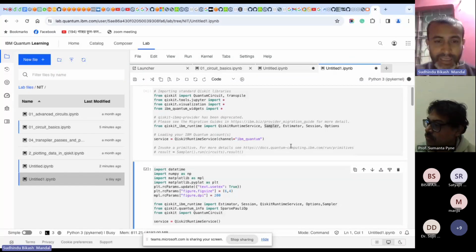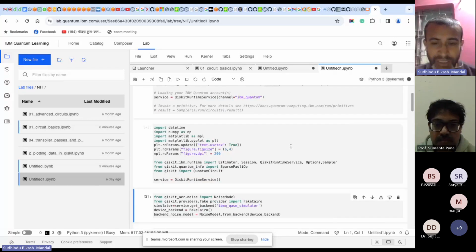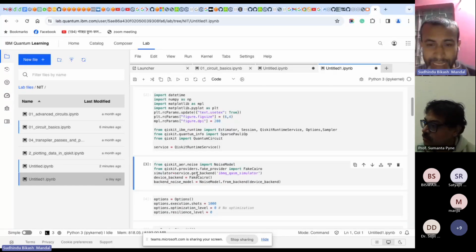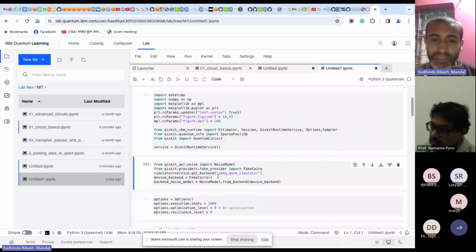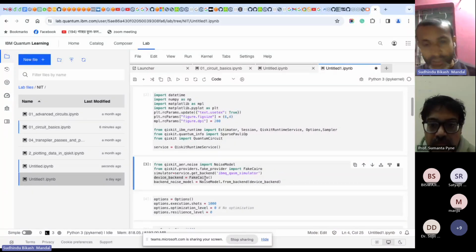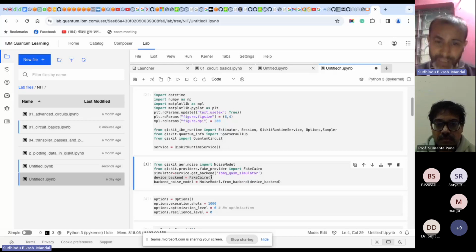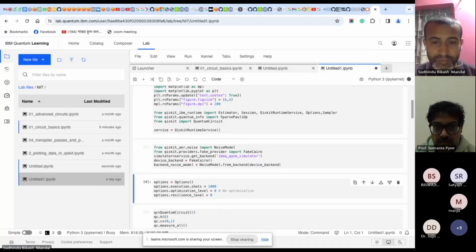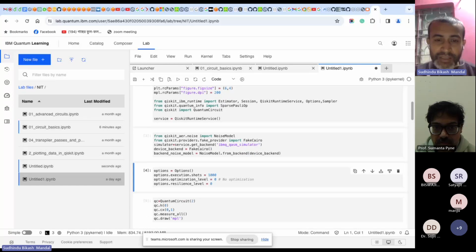Okay, now I am creating a backend as an IBM Aer simulator, but for the device backend I am taking FakeCairo. This is a noisy fake device, not real hardware. I am creating this backend, and also trying to make a noise model from FakeCairo.